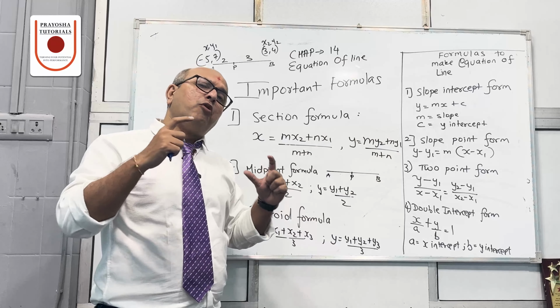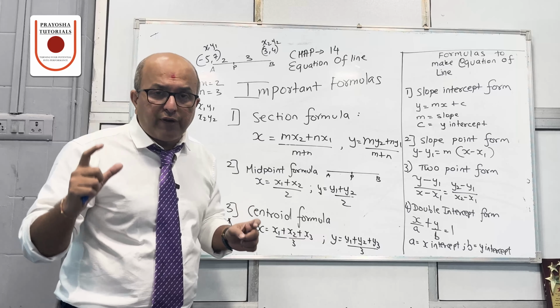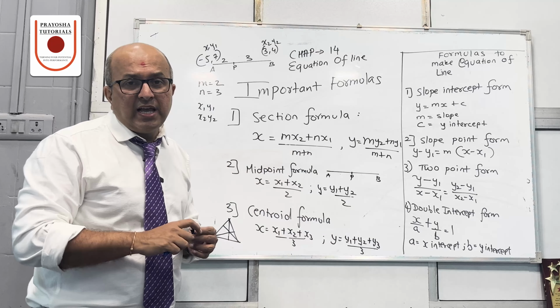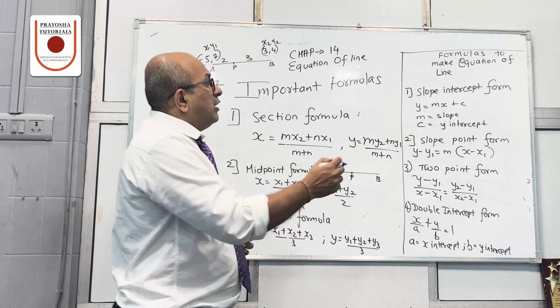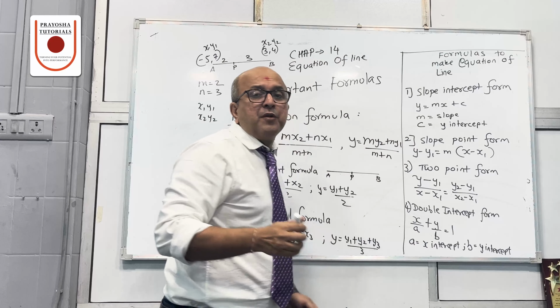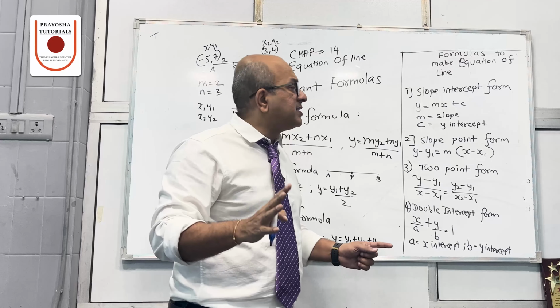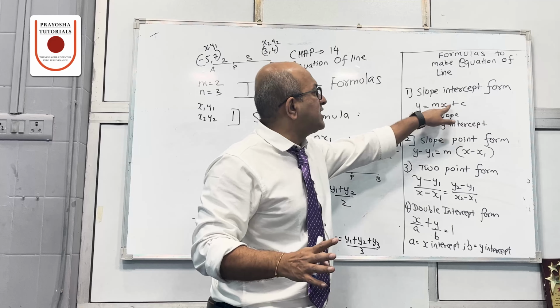Now, the most important part of this chapter, equation of a line, is forming those equations. And for that, we have four formulas. The first formula is called slope-intercept form. And slope-intercept form is y is equal to mx plus c.